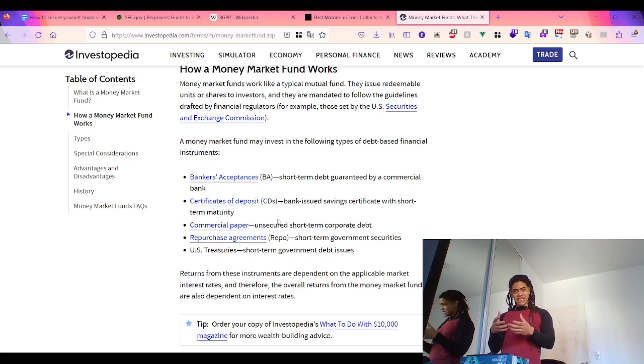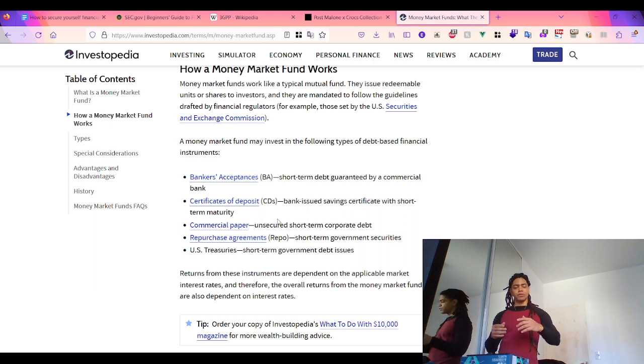The term security refers to a fungible financial instrument that holds some monetary value, and depending on how it's issued, it can be equity based or debt based. So you can be an equity holder or a debt holder in that regard.